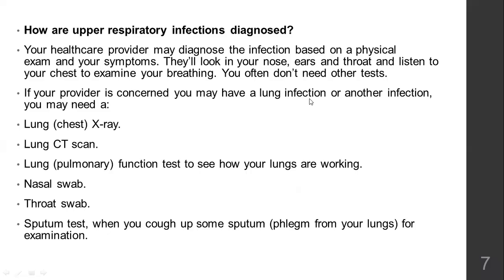A sputum test can be done. When you are doing the sputum test, or collecting the sputum, make sure you don't do it in a closed room or closed environment. Go out in the open. Don't do it in a dingy room with four walls, doors shut, windows shut, or in rooms where you expect others to come in.